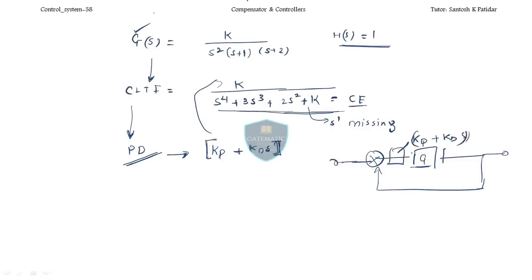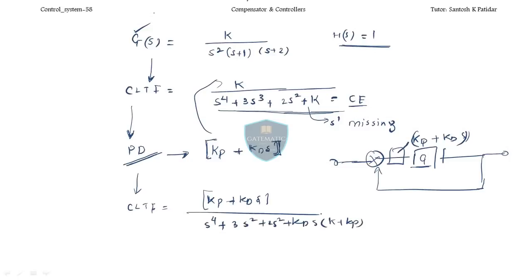Okay, so you are adding this. Now when you find out the closed loop control system after adding PD, what you will get, you can do this for me, so please do it. So you will find that here this is KP plus KD s in the numerator. In the denominator you will get s to the power 4 plus 3s cubed plus 2s squared plus K KD s plus K KP. You will get like this.